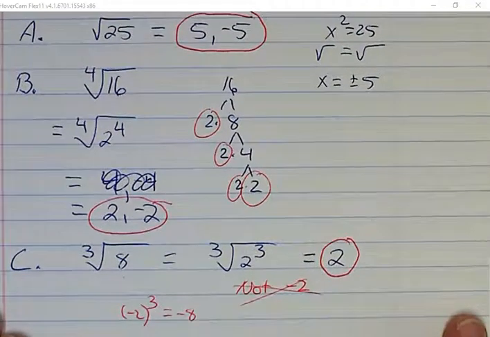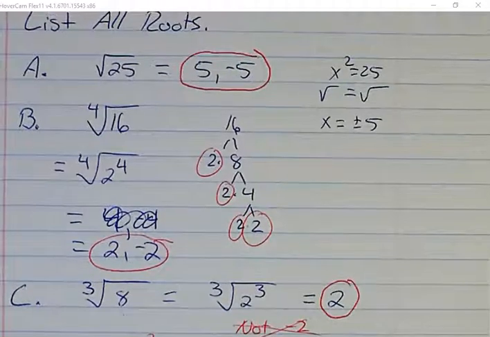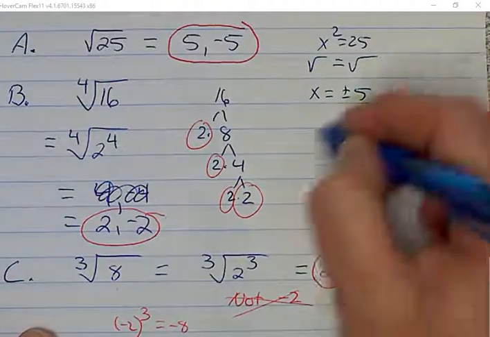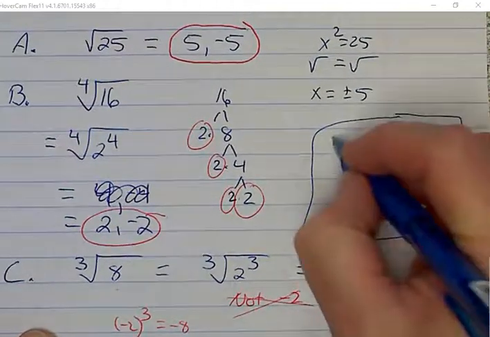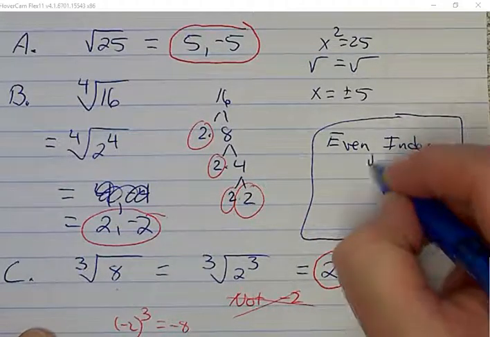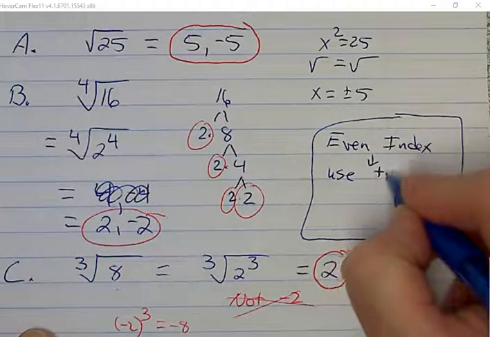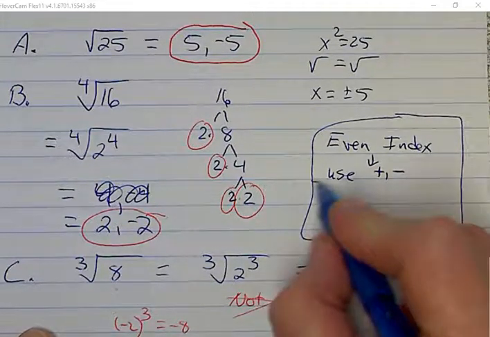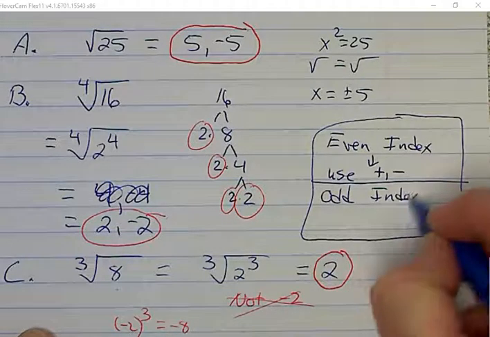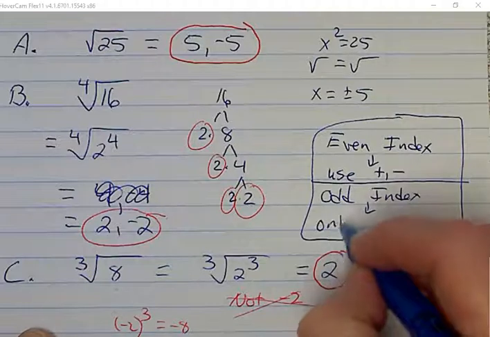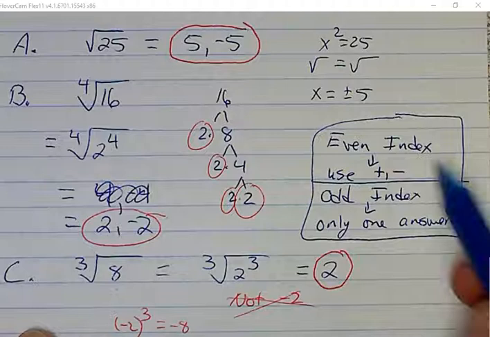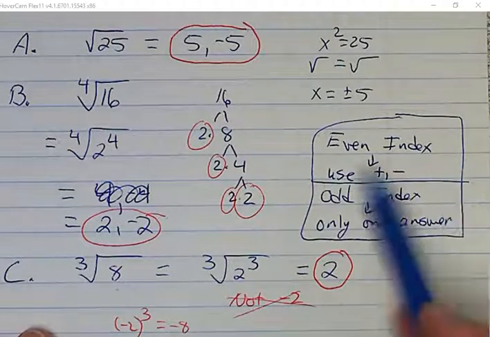So on these, when you're going through the problems here where it says to list all the roots, if you have an even index, you use the plus or minus. If it's the odd index, you don't. So if it's even index, if it says list all the roots, you get to use a plus or minus.